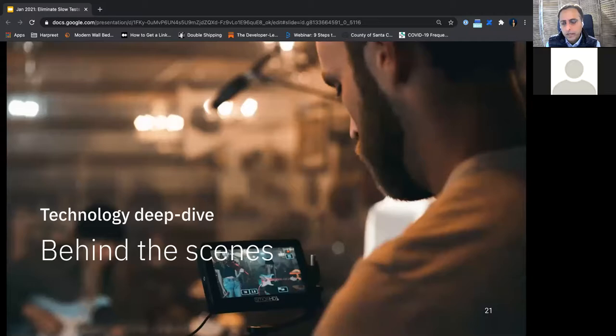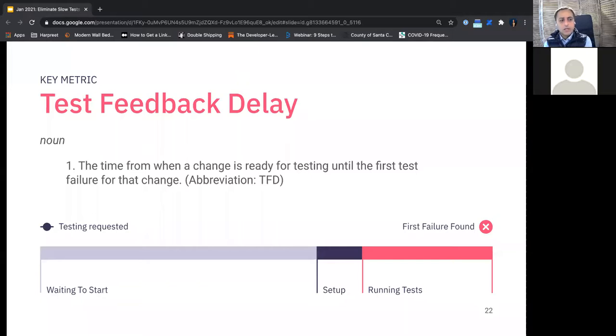One of the key things we really focus on is this notion of test feedback delay. The idea is really simple, and we were very surprised to see that nobody was looking at it from that angle. As a developer, I push some changes in, the tests are supposed to run, and then the tests start.